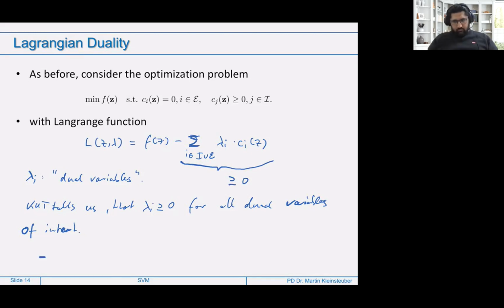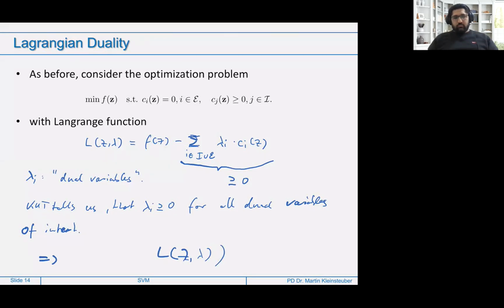And that means that the Lagrangian function L of z and lambda is always smaller or equal to f of z. I mean, you take the cost function f of z and you subtract something non-negative.